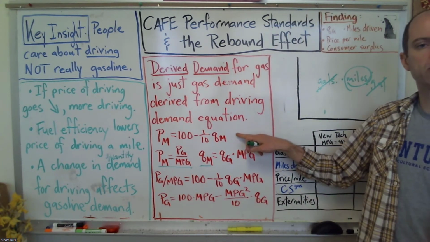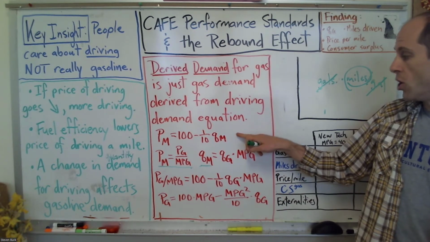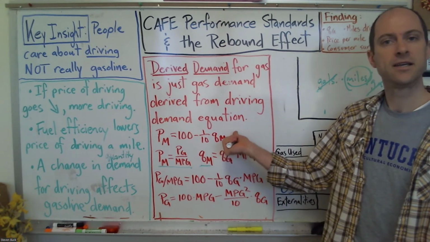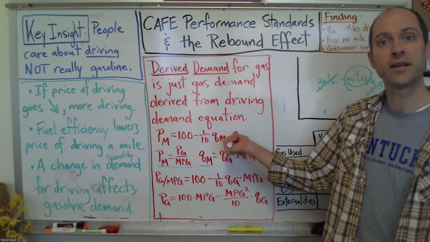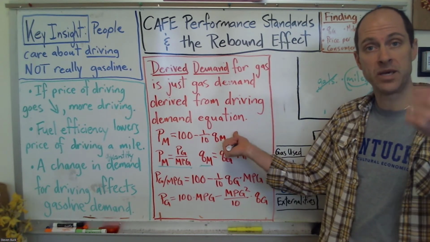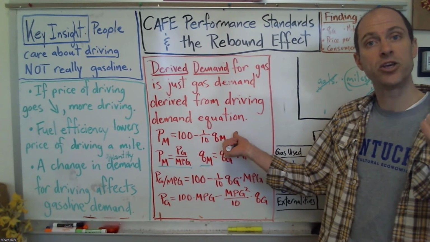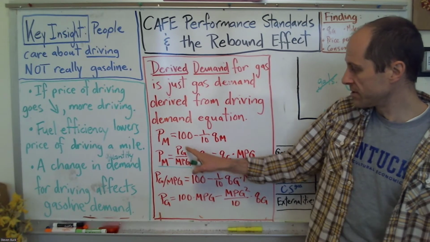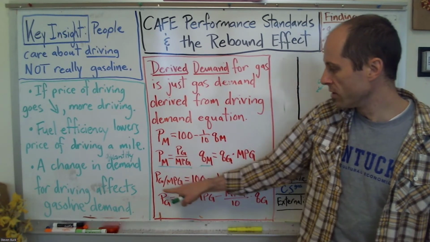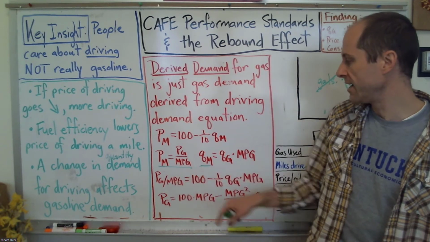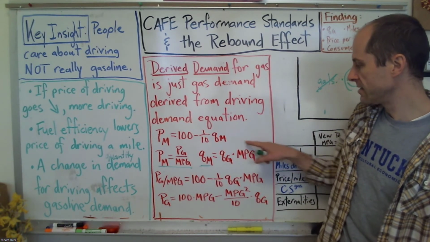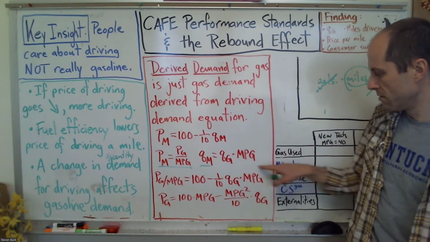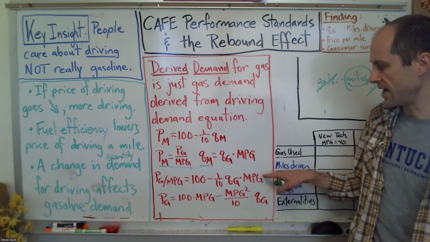So, looking at our original demand equation for driving miles, we can just substitute these identities into this demand expression, and we'll get the equation in terms of PG, the price of gasoline, and QG, the quantity demanded for gasoline. When we do that, substituting this into here, we're just left with this on the left-hand side, and then substituting this into QM in this equation, we arrive at this on the right-hand side.